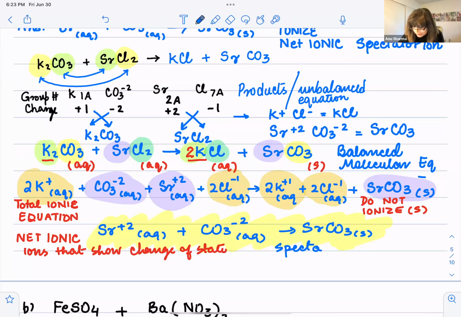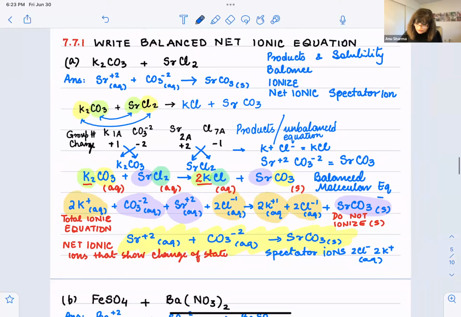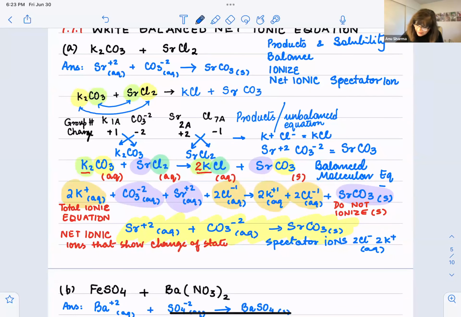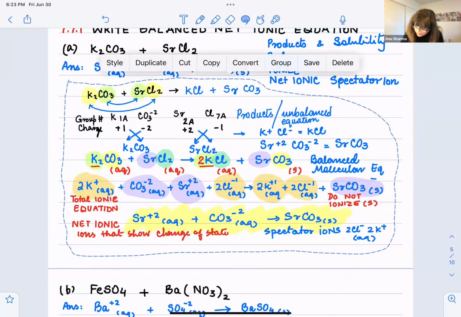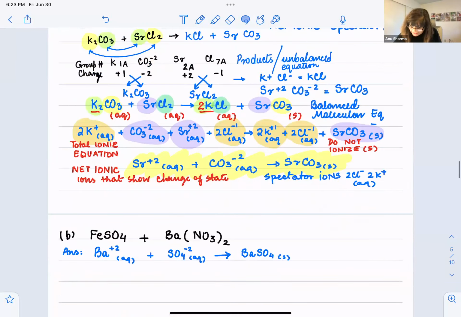The spectator ions are the 2 chloride ions and the 2 potassium ions. All of them are aqueous on both sides, reactants and products. That is how you balance and write the ionic and net ionic equations. Let me see if I can make this even smaller. All right, that deals with that.